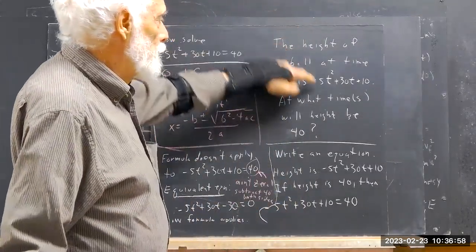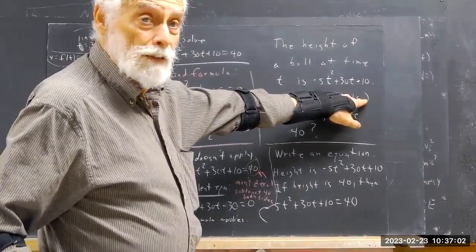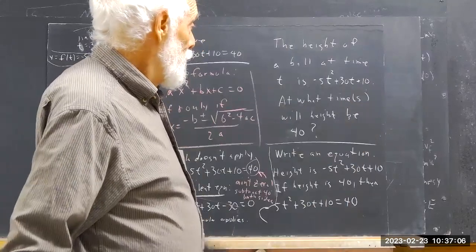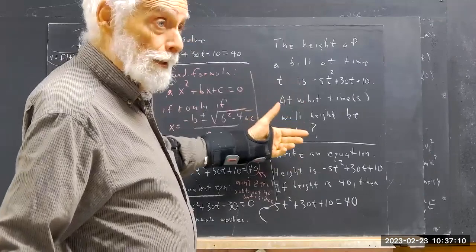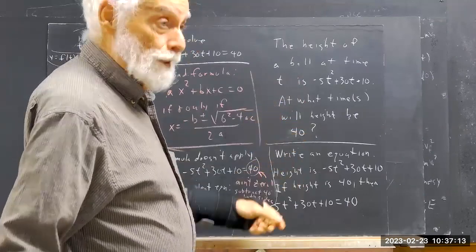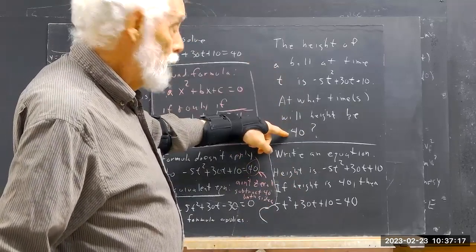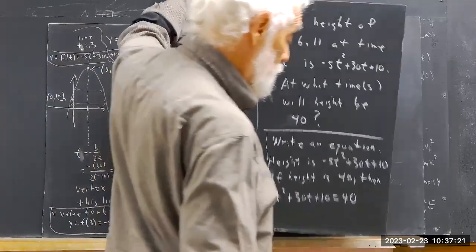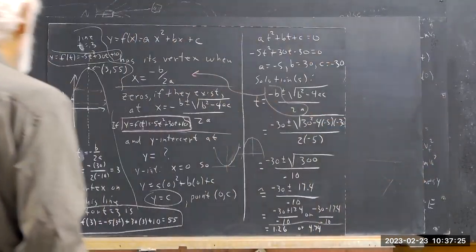The height of a ball at time t is this. Okay, so what do we have? We have the graph of this. And at what time is the height 40? Well, if y is the height, which it is, then you want y equals 40. And we'll see what we do with that. So what's the line y equals 40?